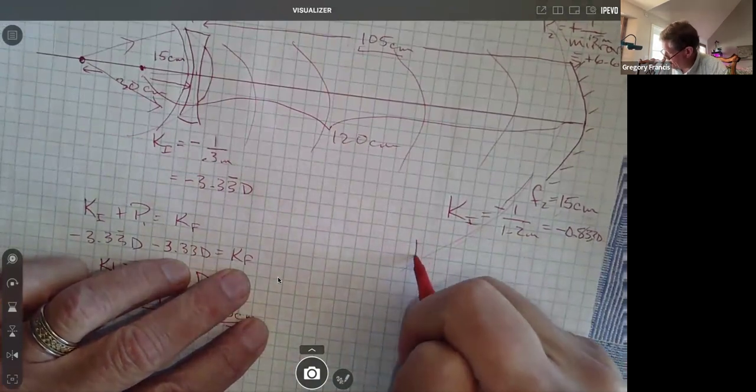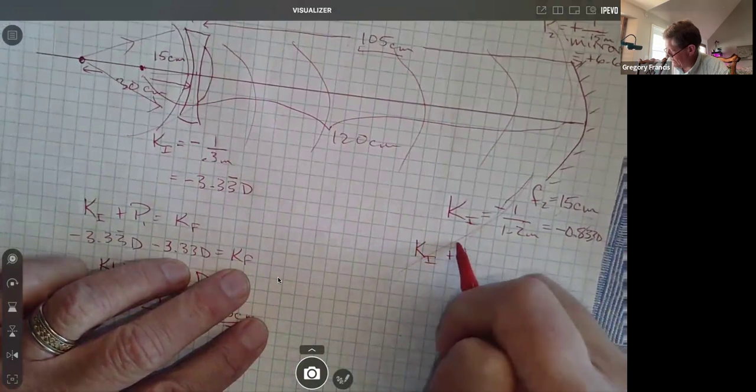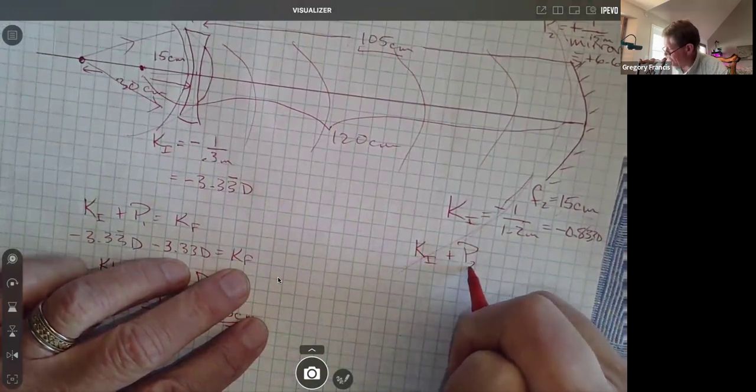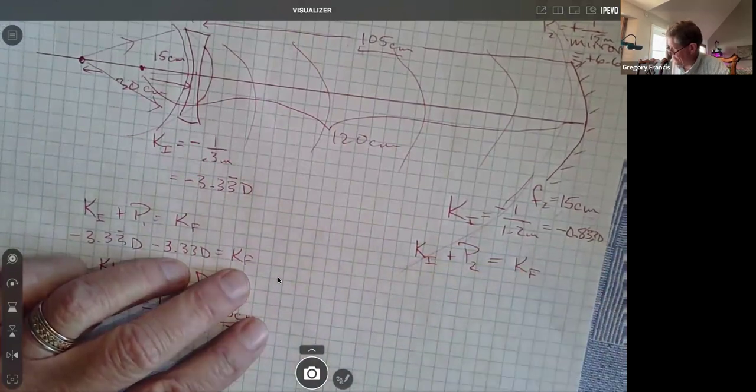Okay. So now if we do K initial plus power of the mirror is going to give me K final when it leaves the mirror.